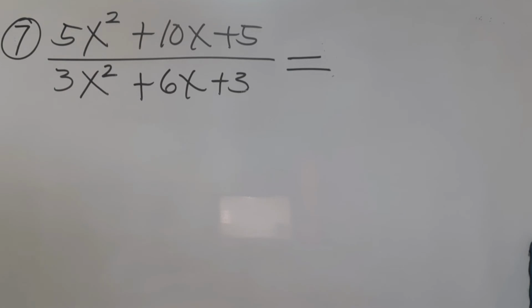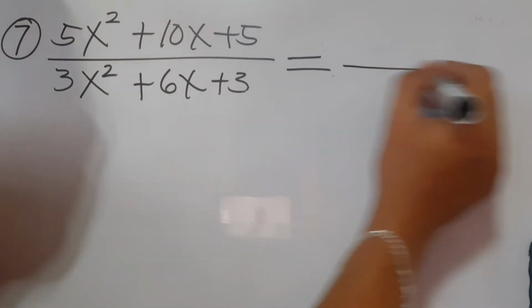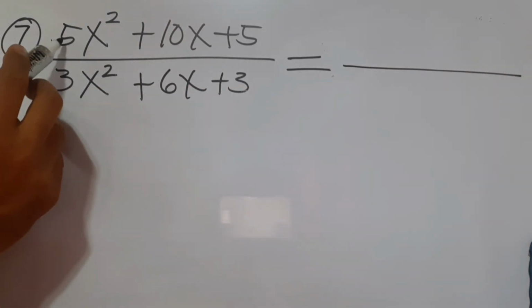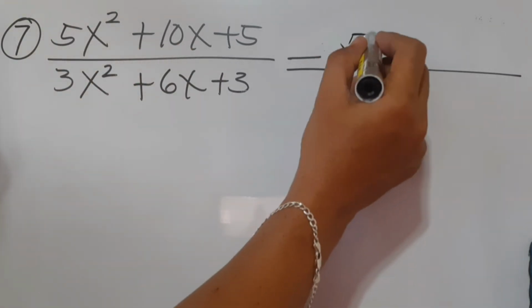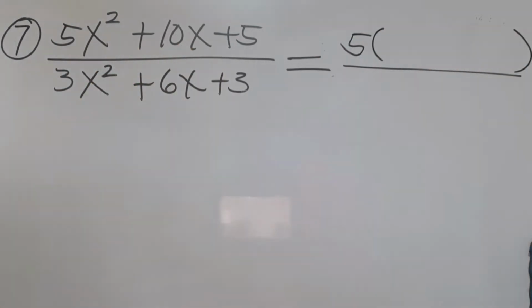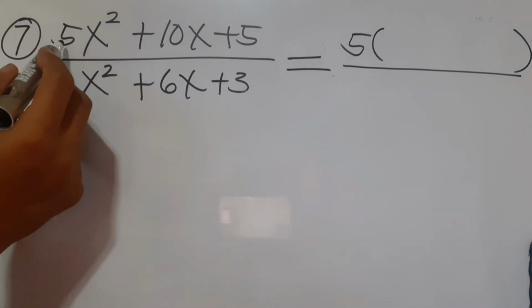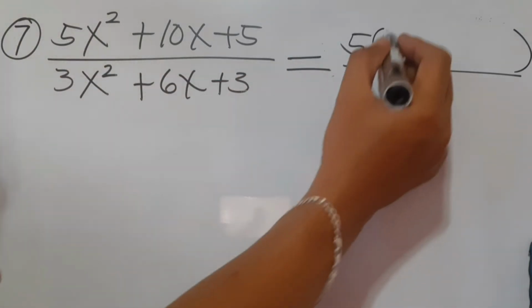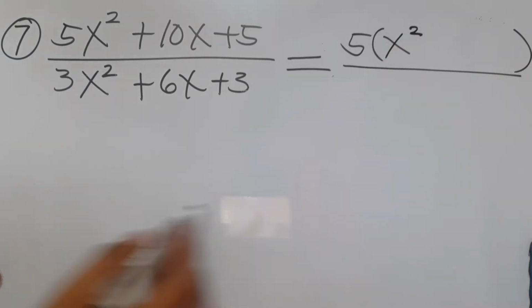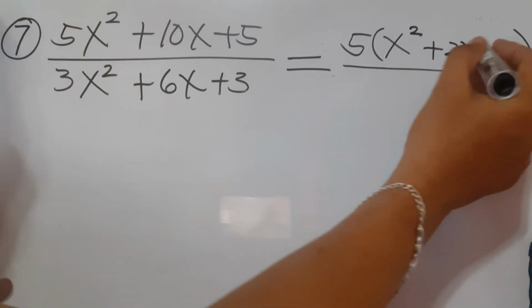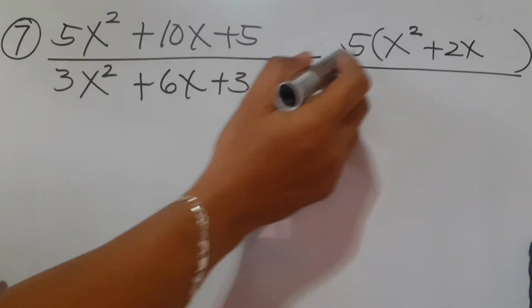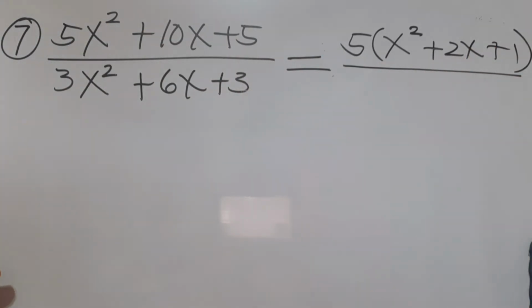Or, in another way, we can do the following. We notice that in 5x squared plus 10x plus 5, 5 is common, or the greatest common factor. 5x squared divided by 5 is x squared. 10x divided by 5 is plus 2x. 5 divided by 5 is 1.